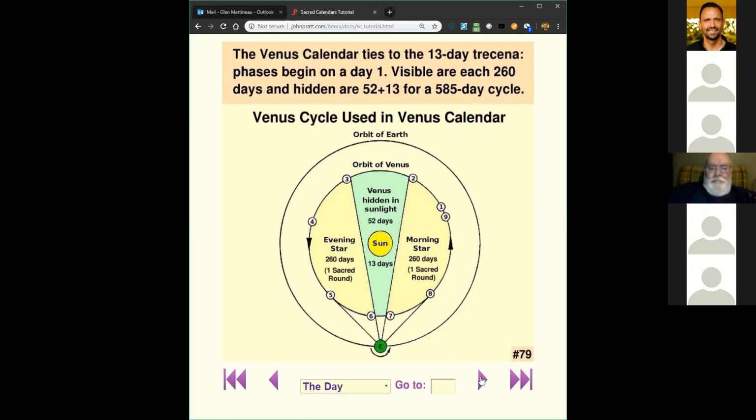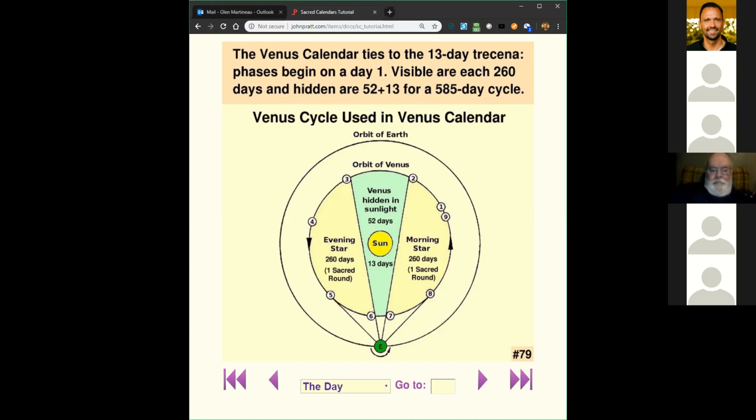Now, as it's used as a calendar, we've talked before that all of the calendars are based on 13. The planetary calendars, just like a lot of calendars, are based on the 7-day week. So the phases of Venus are rounded off to the nearest 13 days. So the invisibility part is counted as 13 days. The morning and evening stars are both 260 instead of 263, because that's 20 times 13.